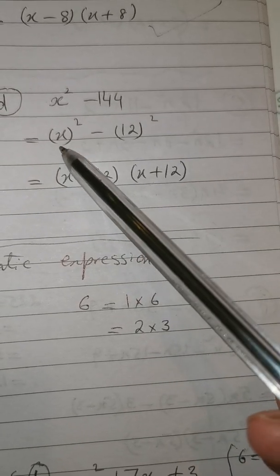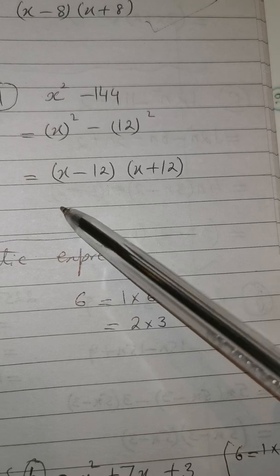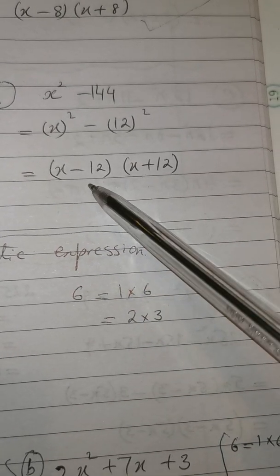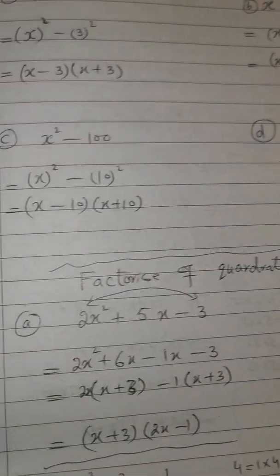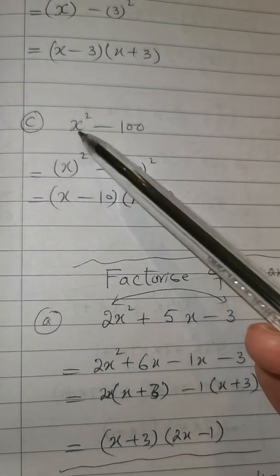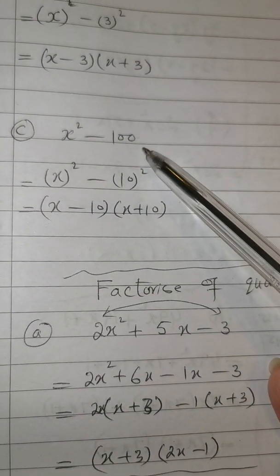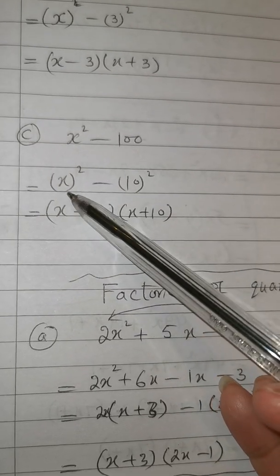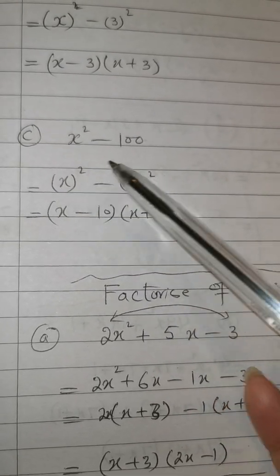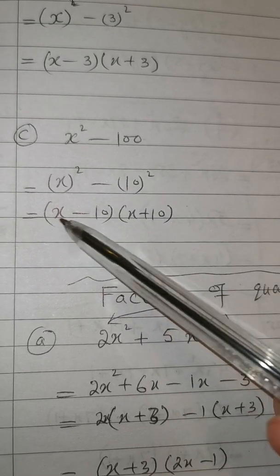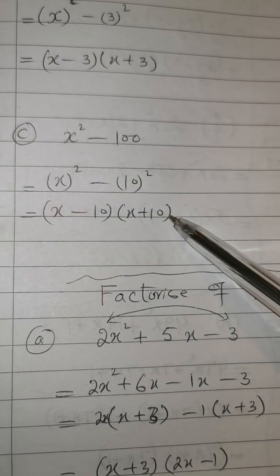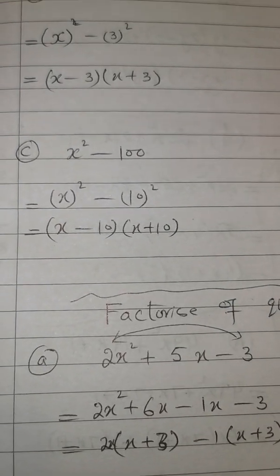Here a is x and b is 12, right? So I will write x minus 12 and x plus 12. Another question will be like that: x square minus 100. So what I will do, first term is a whole square of x, second term is a whole square of 10. So I can write here x minus 10, x plus 10, right?